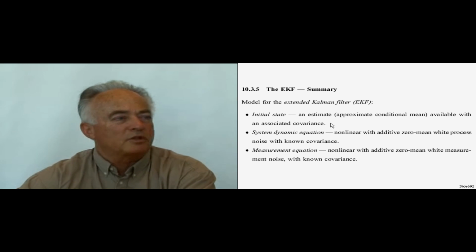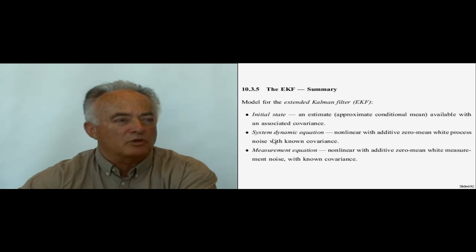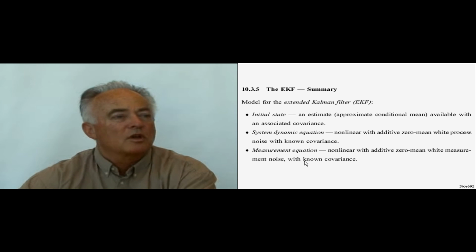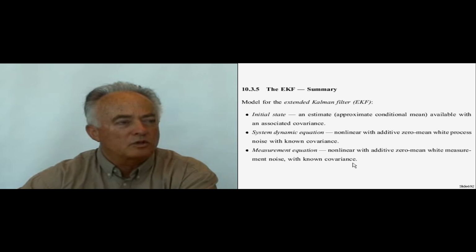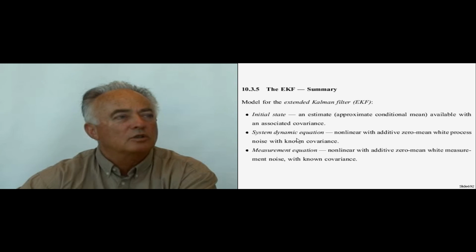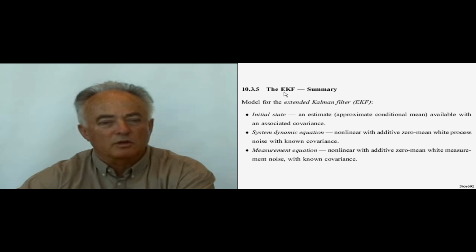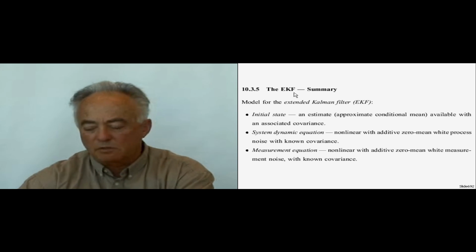The second model is the system dynamic equation, might be linear or nonlinear, with additive zero mean white process noise with known covariance. The measurement equation, again in general nonlinear, with additive zero mean white measurement noise with known covariance. So at least one of these two has to be nonlinear to have to use an EKF. Otherwise, obviously, a Kalman filter can be used.